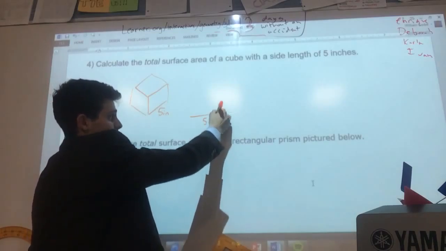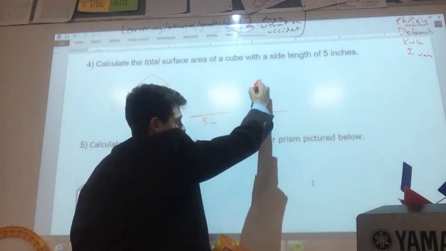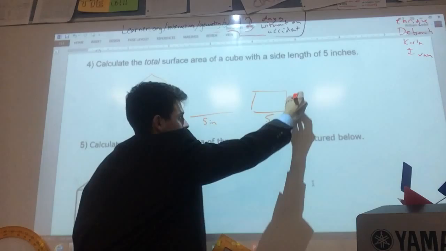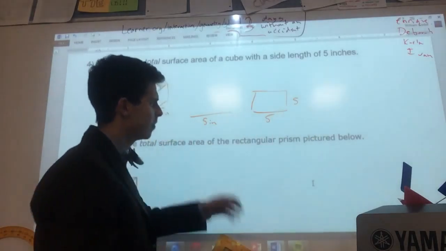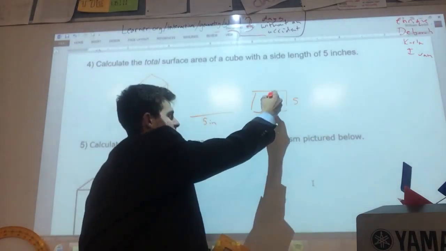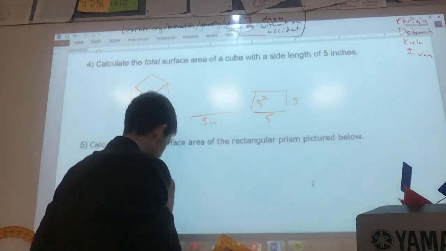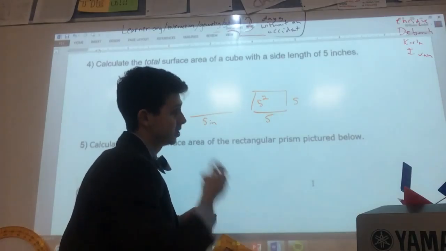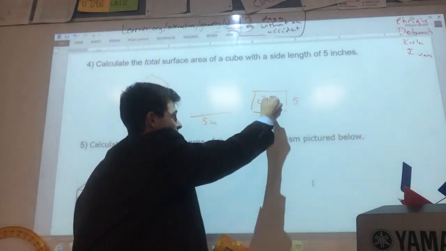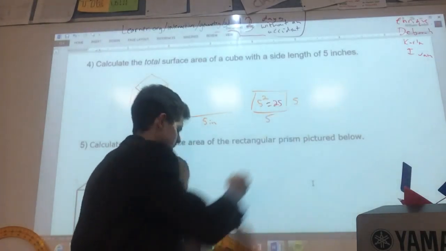That's 5 to the first power. If I have a square, 5 by 5, well, that's going to be 5 squared, and that's going to equal 25.